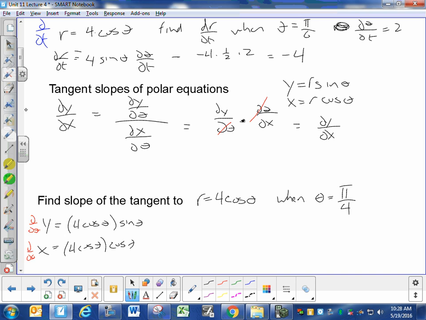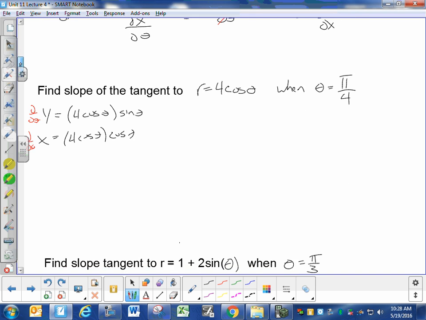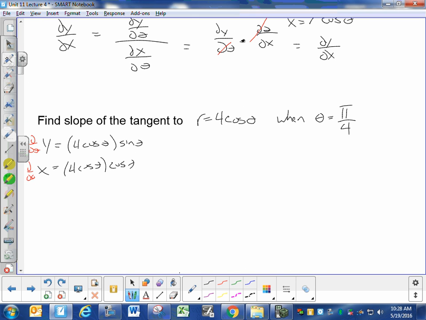Okay, so let's do that for this one. Now, we would find out that the derivatives typically use the product rule and are typically a little bit messy, but just keep things in order, you'll be okay.